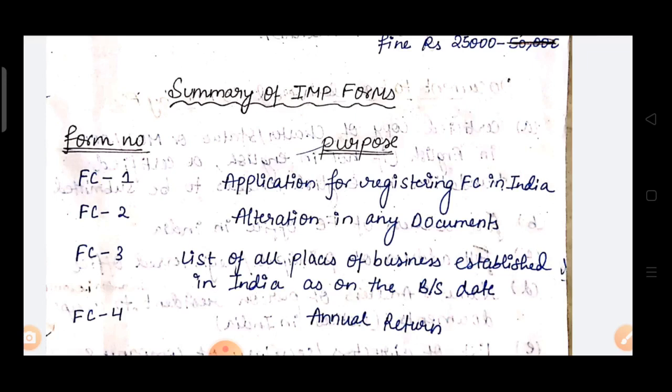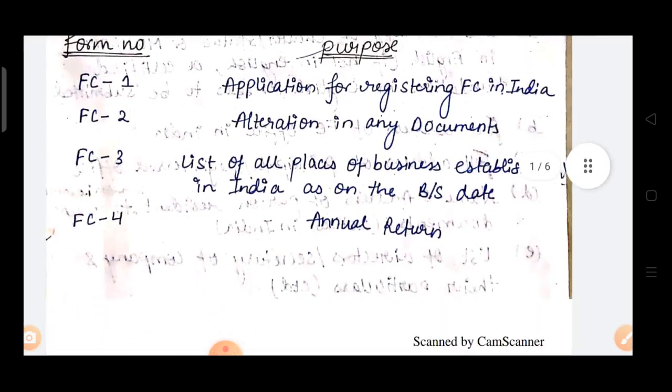The foreign company has to prepare the annual return in form FC4 and file it with the ROC within 60 days of the last day of the financial year. It should contain the particulars as on the last day of the financial year.